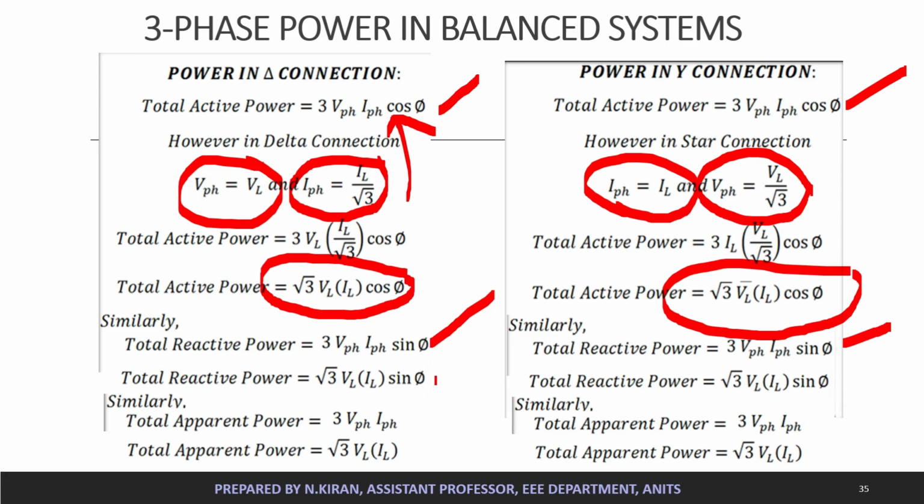In terms of line values, it is root 3 VL IL sin phi, both in star as well as delta connections. Similarly, apparent power in terms of phase values is 3 into V phase I phase, and in terms of line values, it is root 3 VL IL in both star connection as well as delta connection.